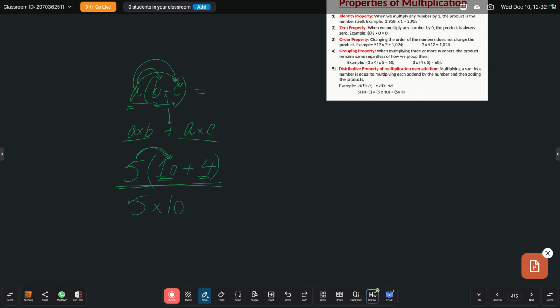So I will write 5 into 10, then a plus sign, and then 5 into 4. I hope it's clear now. The distributive property means multiplying a sum by a number is equal to multiplying each addend by the number and then adding the products.